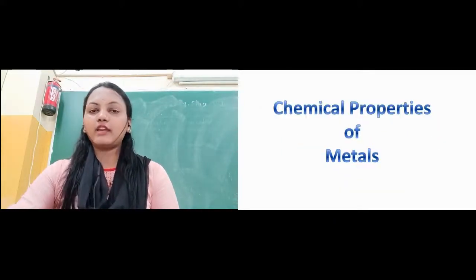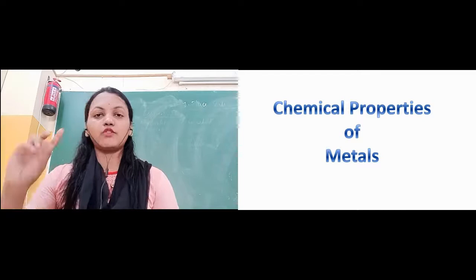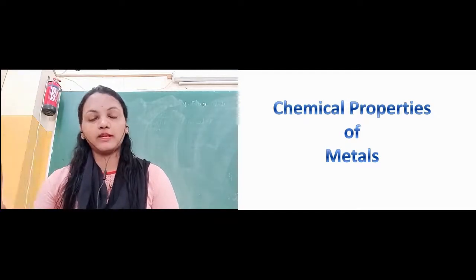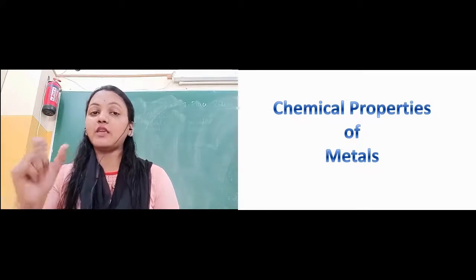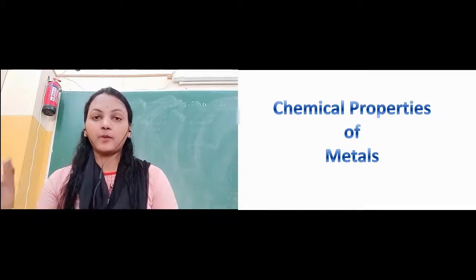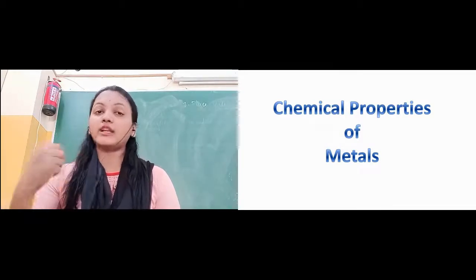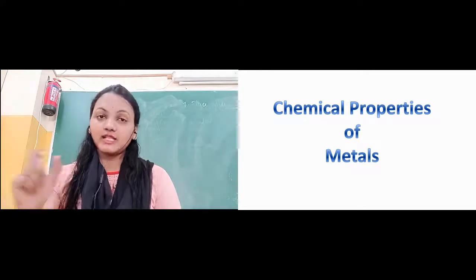Our next slide is on chemical properties of metals. After finishing the physical properties of both metals and non-metals, we are moving to our next point, that is chemical properties. Look, the name is chemical properties, which means, as you have studied in class 6, it is going to deal with chemical change.